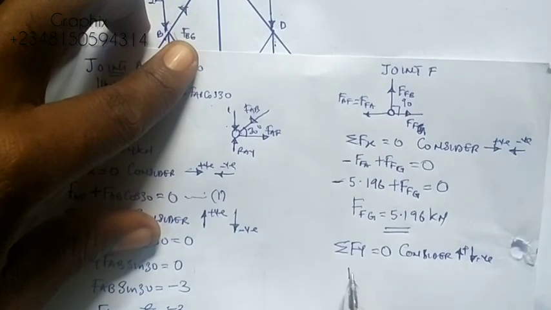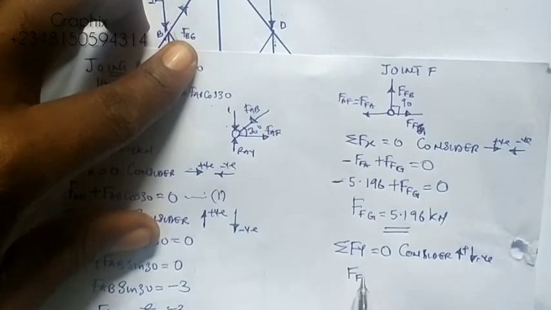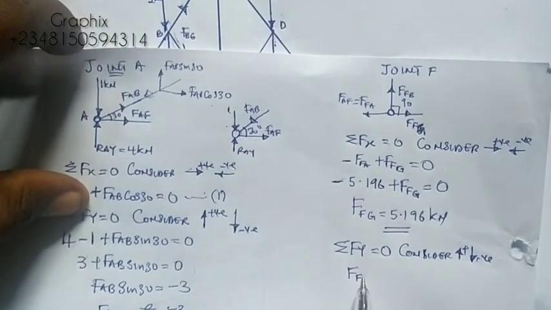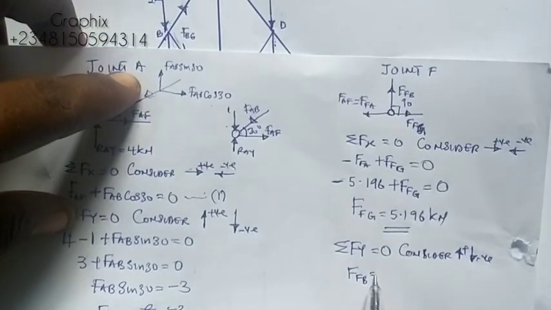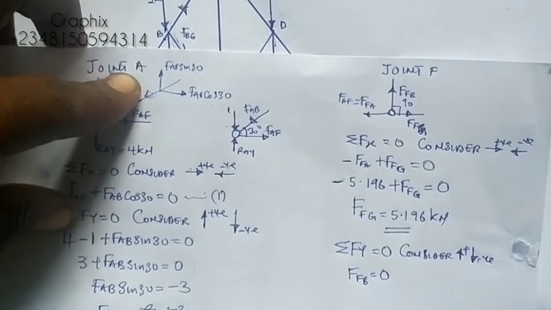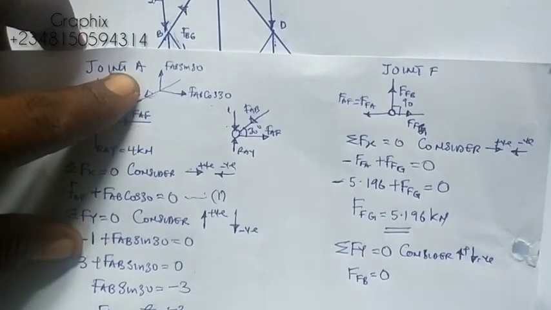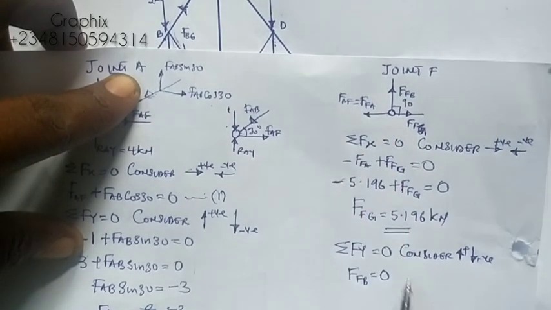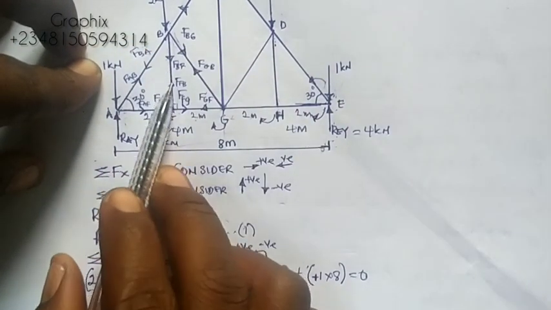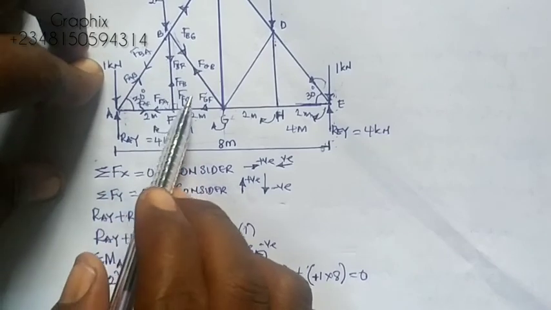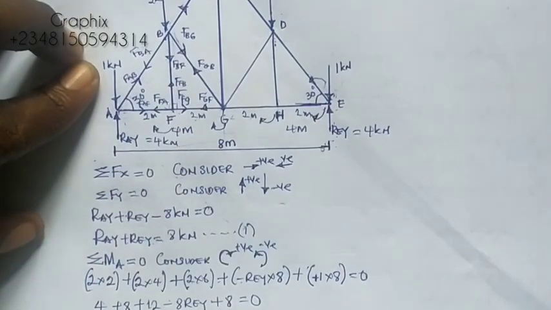So we have FFB equals 0, because that's the only force we have there. So our FFB force here will be equal to 0. This is my FFB force, because that's the only force we have that's perpendicular, and it is equal to 0.